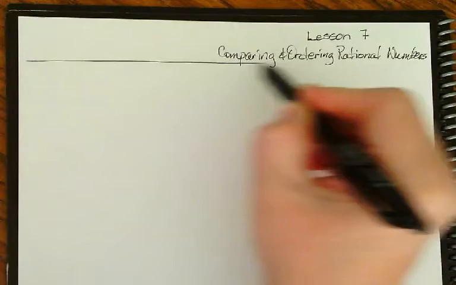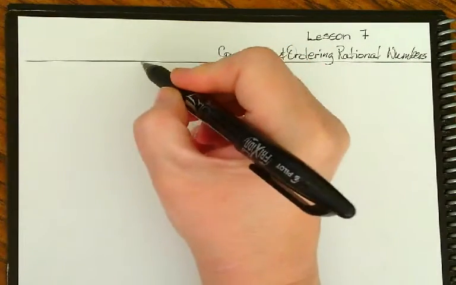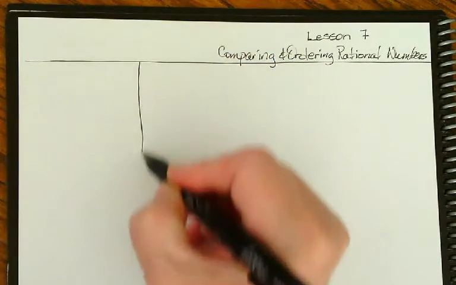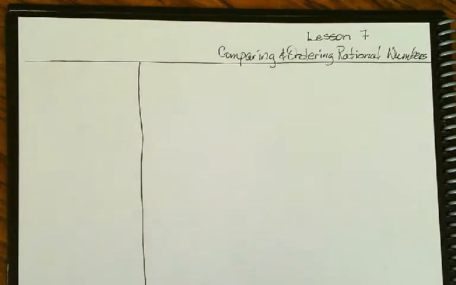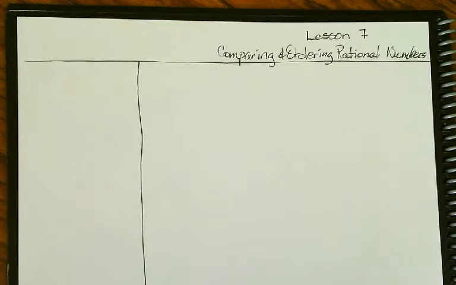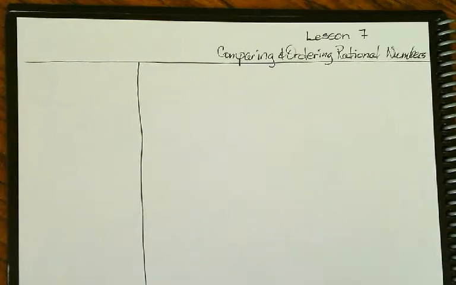So we're going to draw our line. If you've got lined paper, you don't have to draw that line. We draw down our line there and our line at the bottom for things to remember.